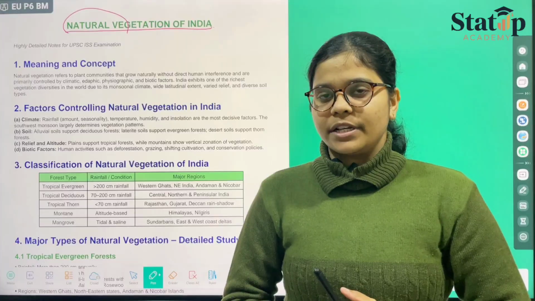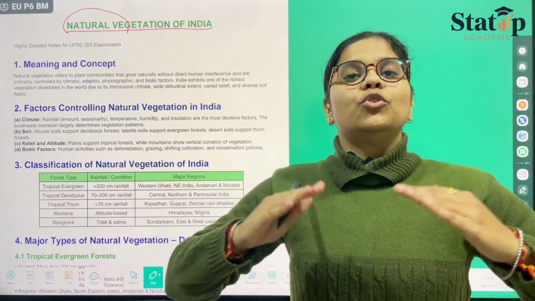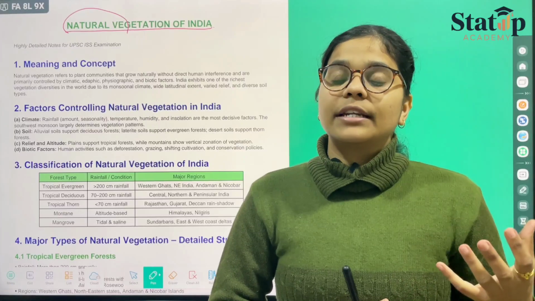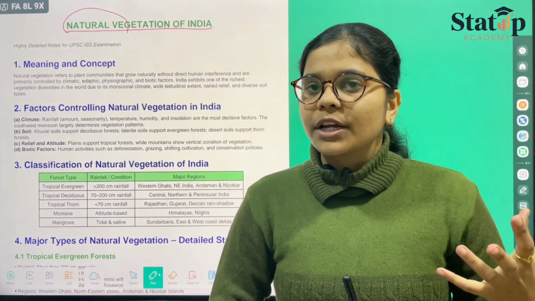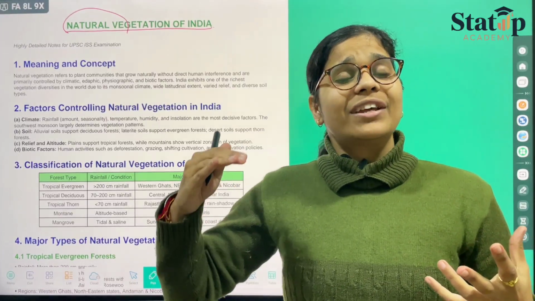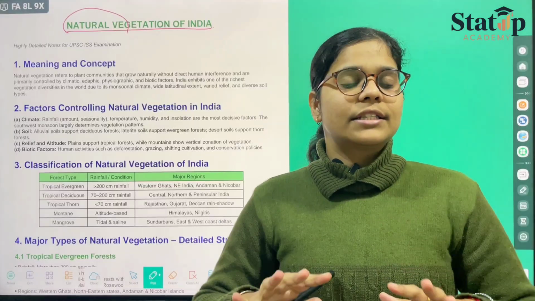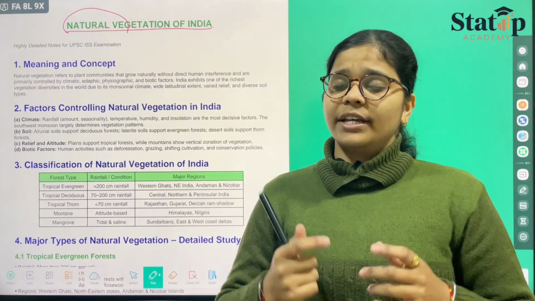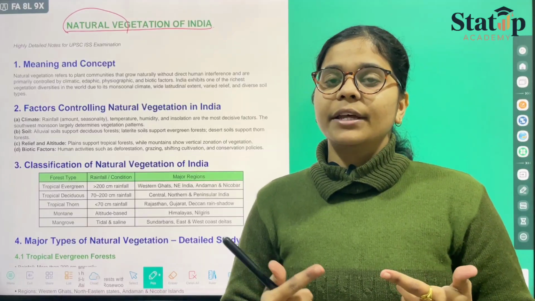Therefore, a huge variety of vegetation could be found because there are certain areas that receive most of the rainfall, certain areas that receive very little rainfall, and certain areas that receive a limited amount of rainfall.